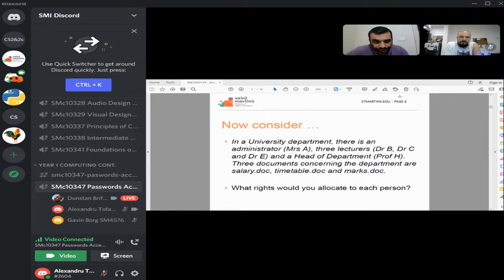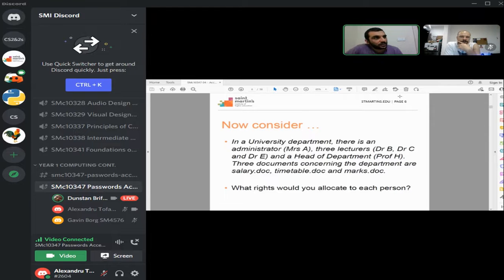You've got 3 lecturers, Dr. B, Dr. C, Dr. E, and the head of department. Now, let's suppose that we've got 3 documents of concern: a document which involves the salary, another which involves the timetable, and another which involves the marks. Conceptually, how would you allocate rights?